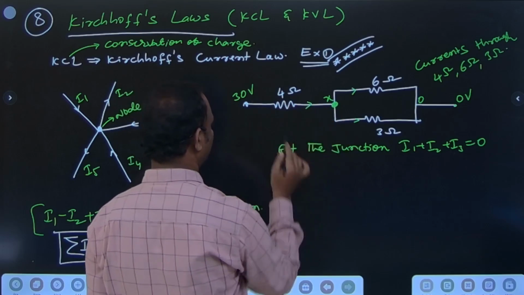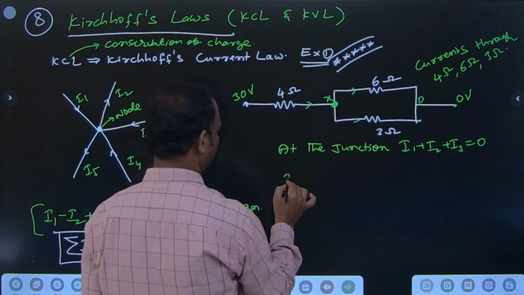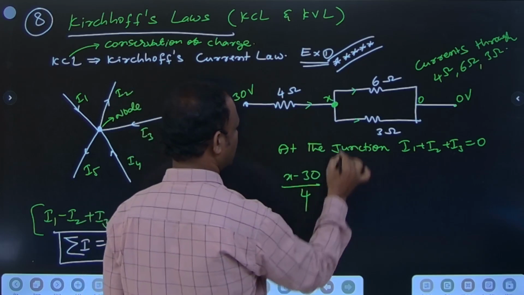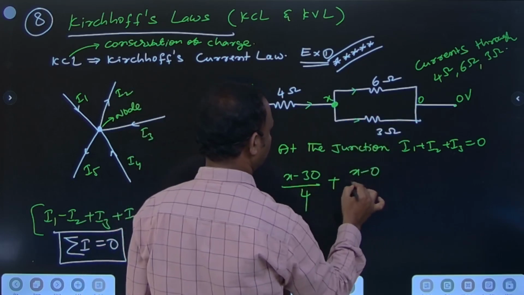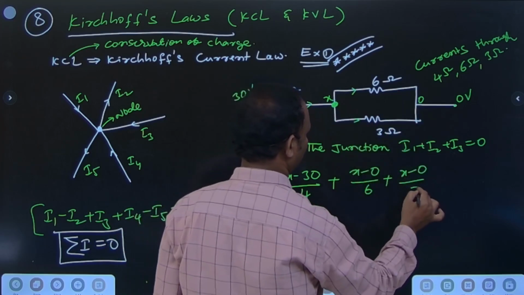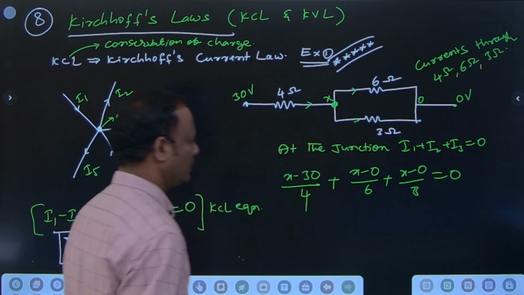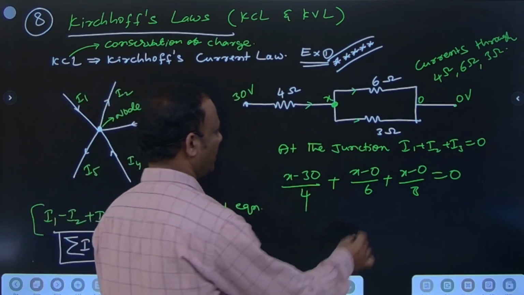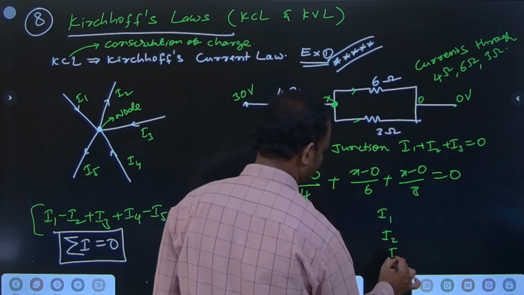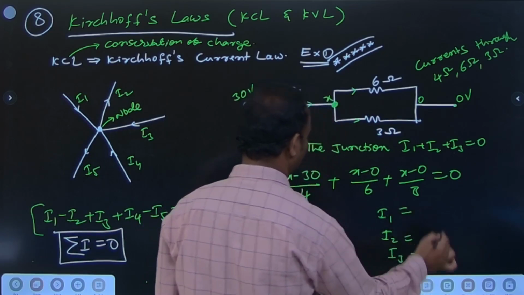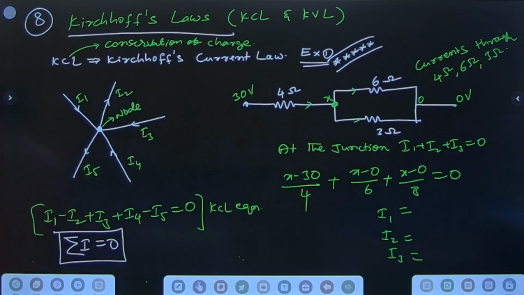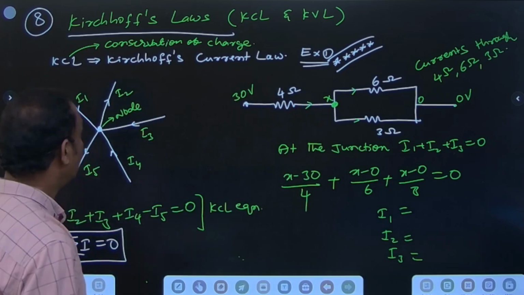So it is X minus 30 by 4, next X minus 0 by 6, next X minus 0 by 3, is equal to 0. After getting the value of X, we can get I1, I2, and I3, all the values we can calculate. So this is the way of calculation.